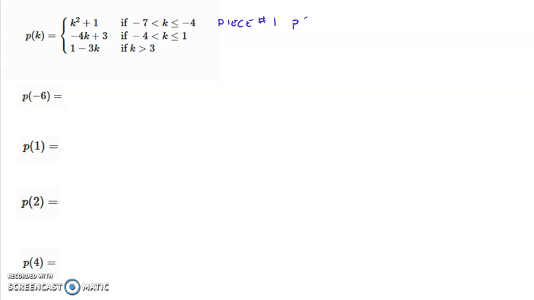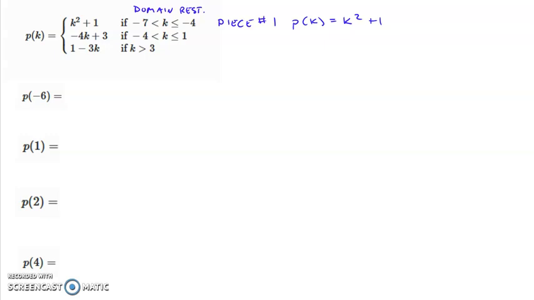Alright, we've got P of k is equal to k squared plus 1, and these are your domain restrictions that you see off to the right hand side, right?